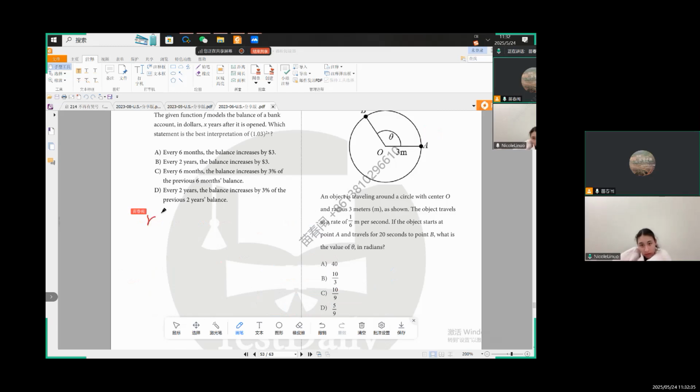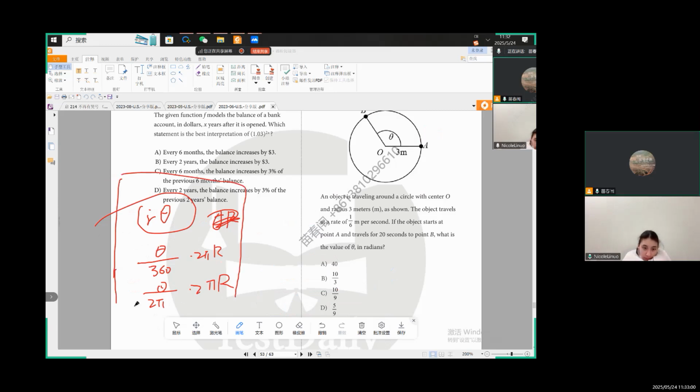The easy way is r theta, or theta r, the same thing. The other way is theta over 360 times 2 pi r. The other way is theta over 2 pi, times 2 pi r. You can write the 3 of them. The third one can be transformed into the first one, simplified.